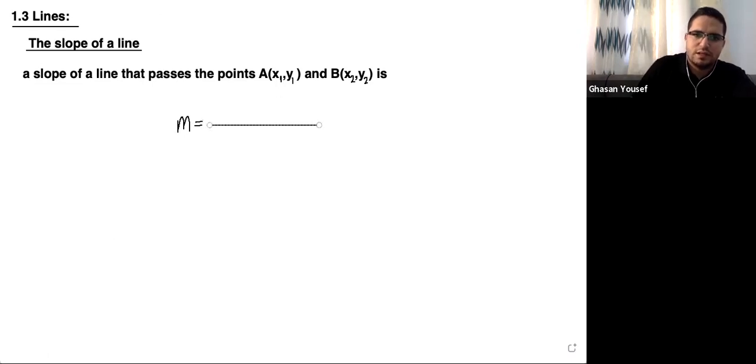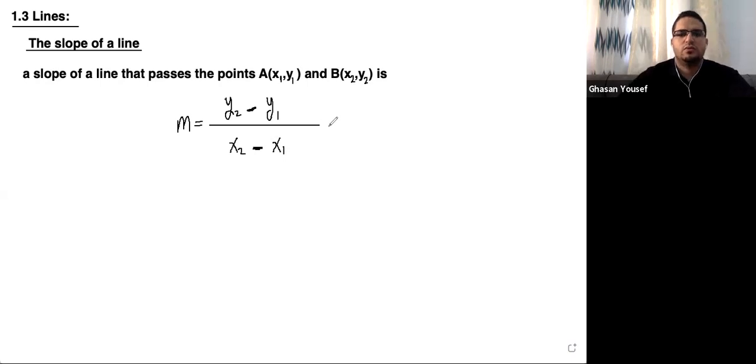So it is y2 minus y1 over x2 minus x1. The difference of the y between the two ordered pairs over the difference of the x between the two ordered pairs.